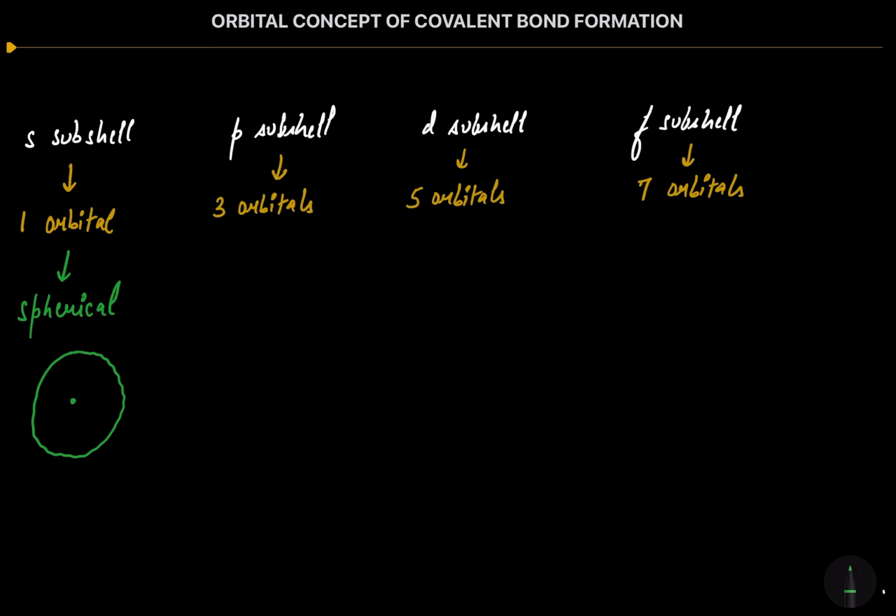Now, let's talk about the P subshell, D subshell, and the F subshell. The orbitals of these three subshells will be in dumbbell shape. Now, as this is the nucleus, so dumbbell shape will be like this. So, what is orbital? The orbital is a three-dimensional region around the nucleus where probability of finding electron is maximum.